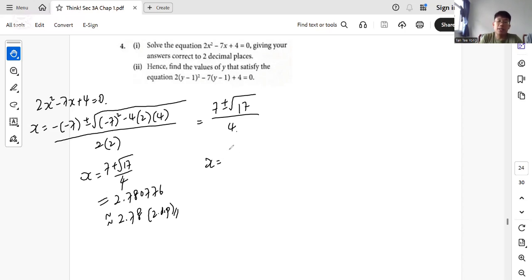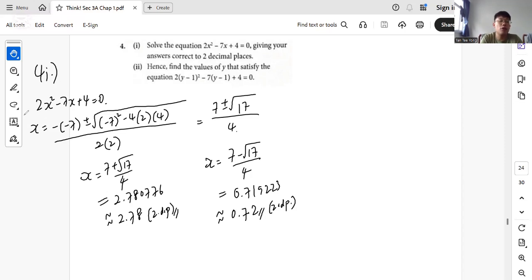Then for the other one, 7 minus square root 17 over 4, it is 0.719223. Round to 2dp, 0.72 actually. So that is for part 1.